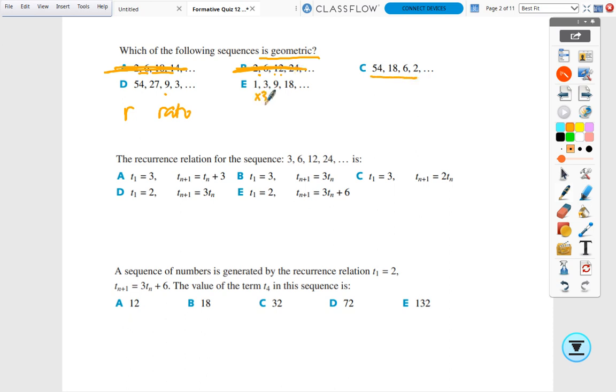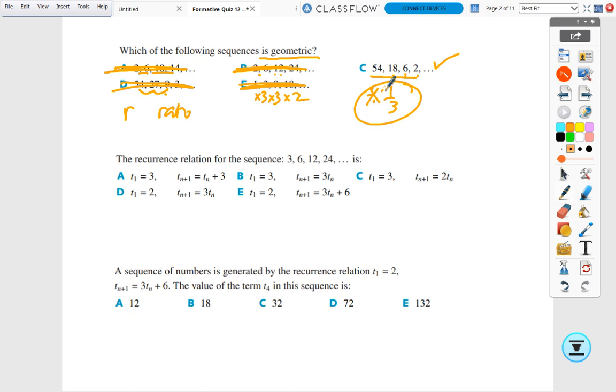That's times by 3, and then times by 2, so that one's dead. So we just need to check. 54 divided by 18, so divide by 3, or multiply by a third, sorry. Multiply by a third, so that looks okay. And let's have a look at this one. Divide by 2, divide by 3, so that one's gone. So it had to be this one, which is times a third.